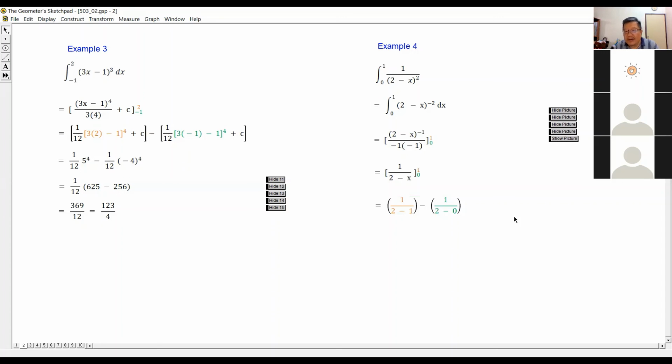Then the other bracket, 1/2 minus 0. Very clear because I make two different colors. You substitute 2 times. Then what is the answer if you minus them? This is 1, this is half. 1 minus half is half. Any question?